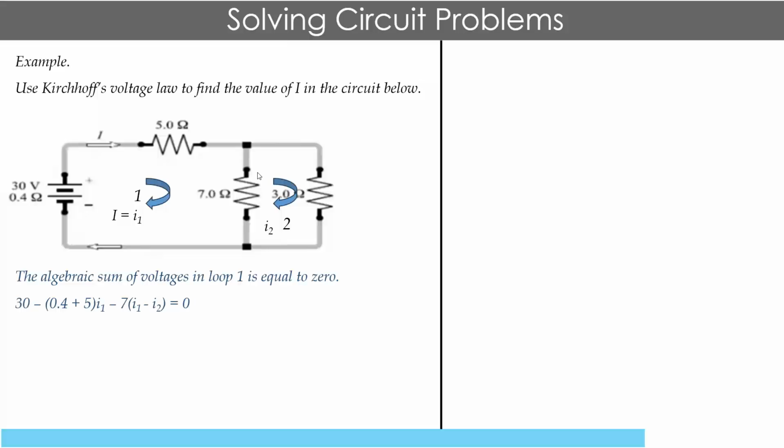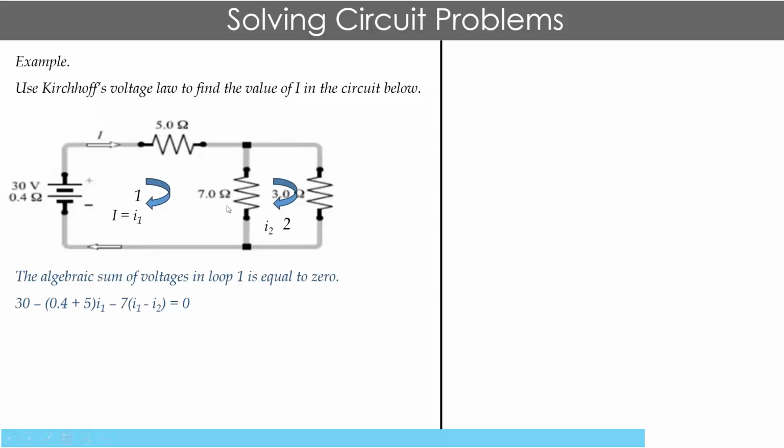Again, like I said earlier, current is a scalar quantity that has direction, but it's not a vector quantity in the sense that the summation of current doesn't follow vector summation. So in this case, we have I1 coming down, I2 going up. So the current across the 7 ohm resistor is I1 minus I2.